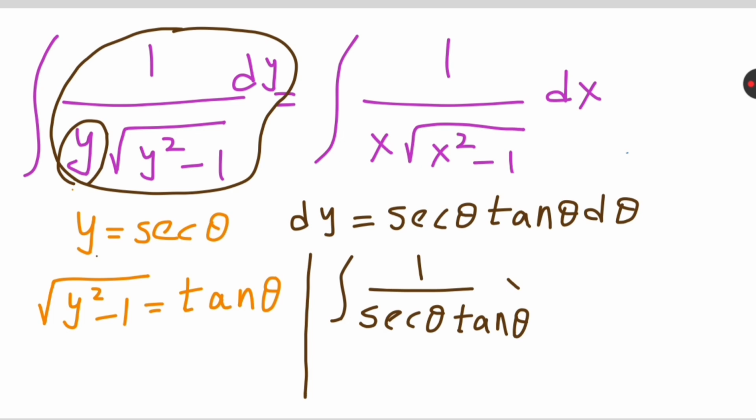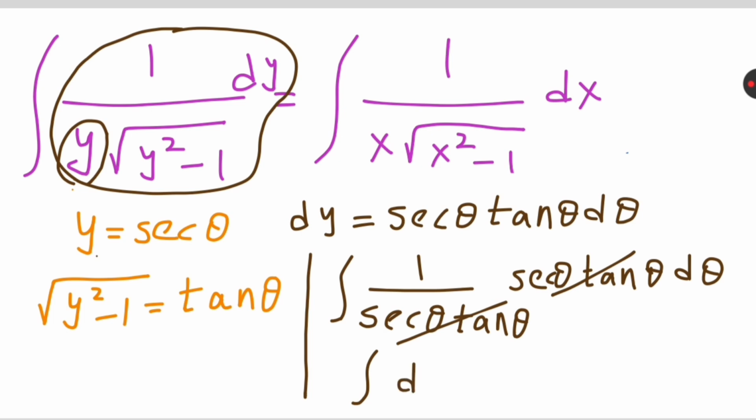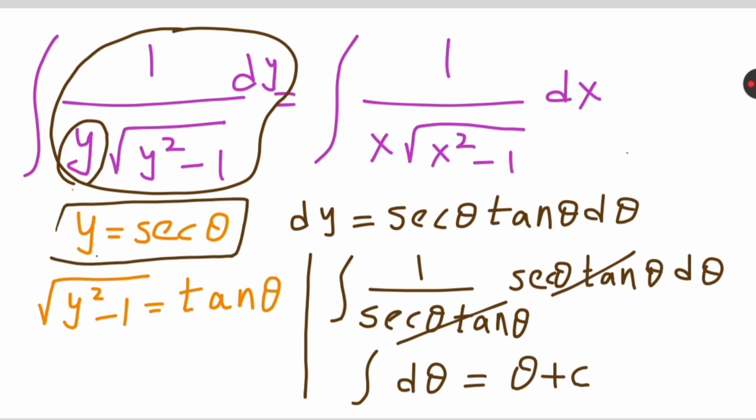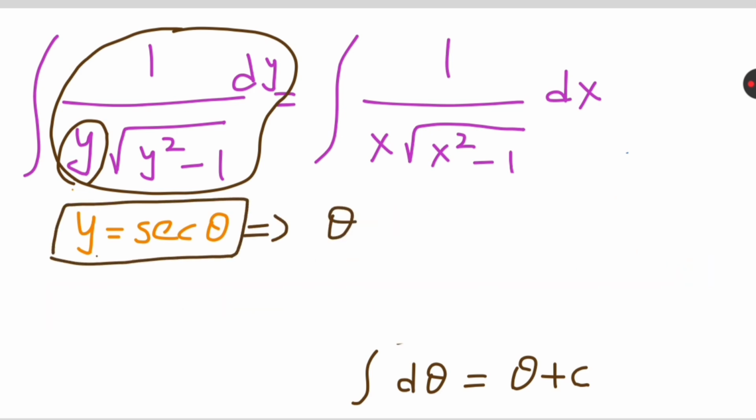Dy is secant theta times tan theta d theta. So let's write that. Observe here we have secant theta tan theta and in the denominator also we have secant theta tan theta. So let's cancel these two terms. So we are left with only integral of d theta, which is only theta plus some constant, isn't it? So we considered y as secant theta. From here we can take theta as secant inverse of y. So instead of theta, I'm going to write secant inverse of y.